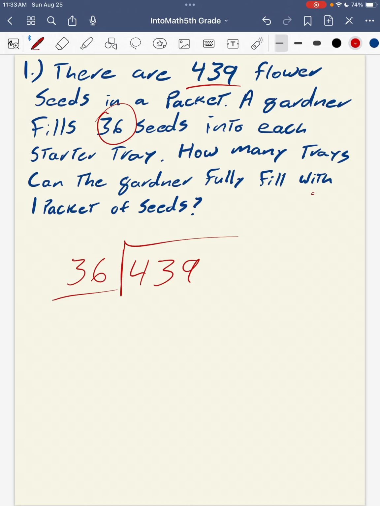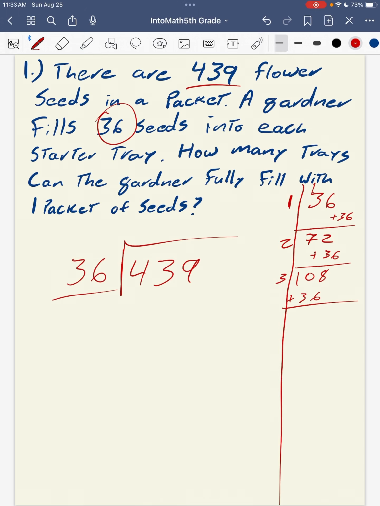To help us out, we're going to do some multiples of 36. We have 36 plus 36. 6 plus 6 gives me 12. There. 72. Plus 36. Add this up. 108. Plus 36. So this is our first multiple, second, third. Every time, if I just need to add up or skip count, I can.